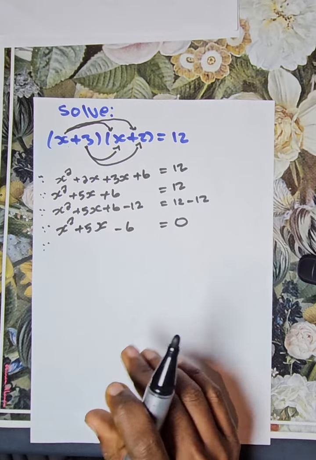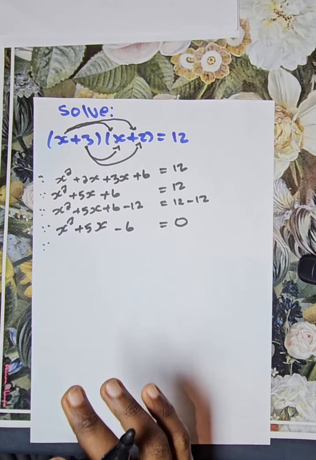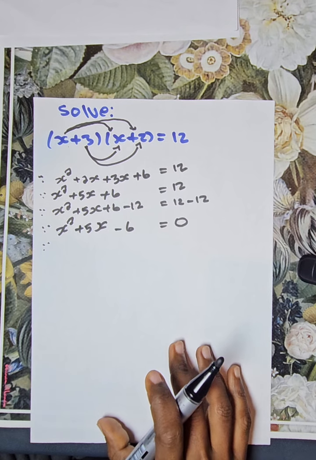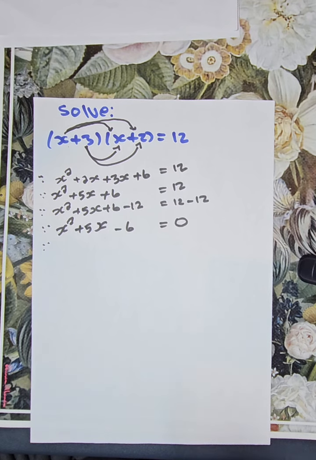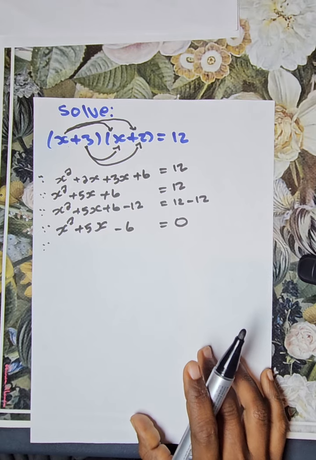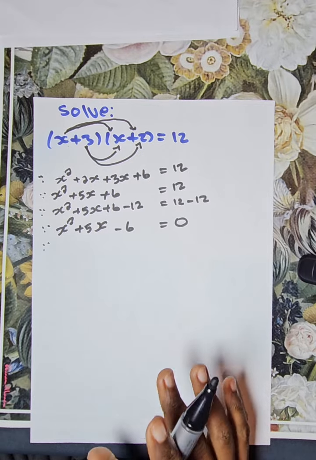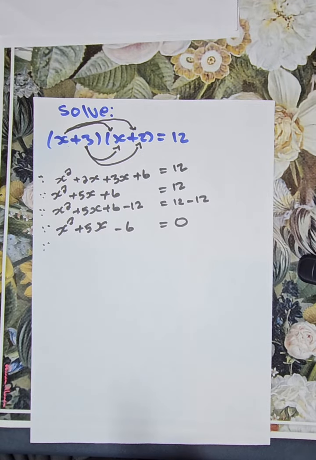Now we need to factorize. And in order to factorize, we first need to check if we can take out any common factor. No common factor here. Now, let's try another way. This time, we're going to check our coefficient of x squared. It's 1.